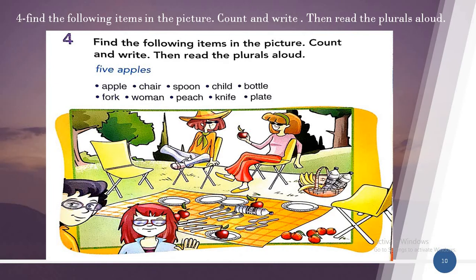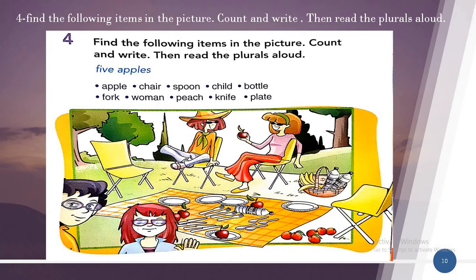Find the following items in the picture. Count and write. Then read the plurals aloud. So I will read the items for you, and you look at the picture carefully.